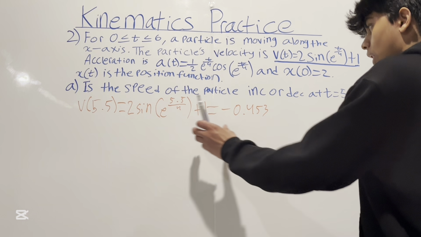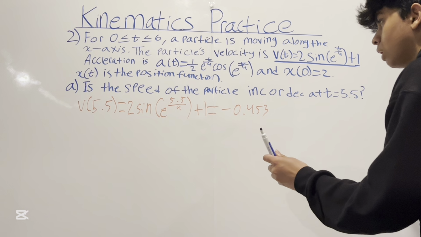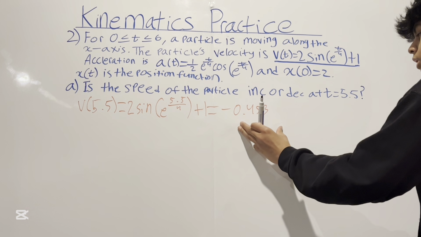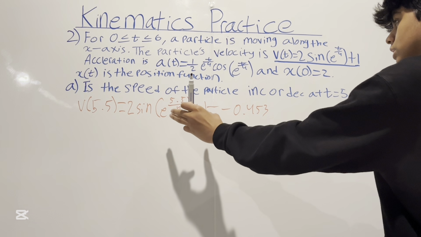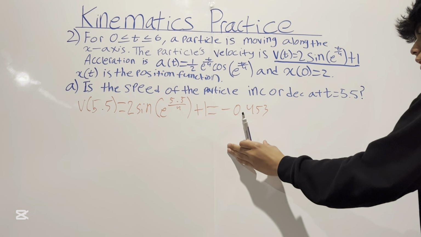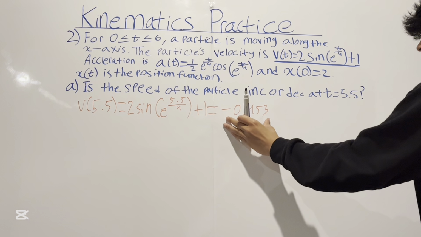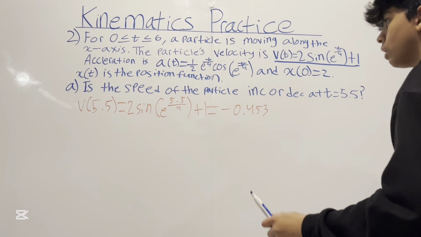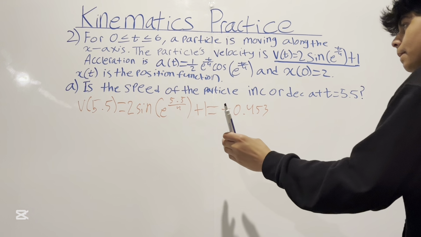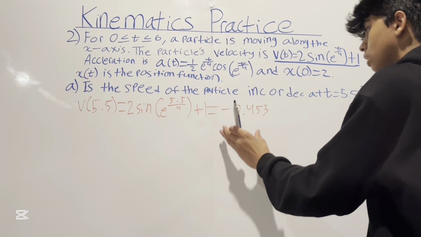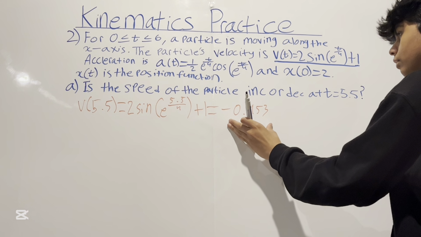If you put it into your calculator, this is what you're going to get. So the velocity is negative, but that's not our answer. The question's asking, is the speed increasing or decreasing, and that's different from the velocity. The velocity here is just decreasing, which means that the values are just going down. But for speed, the velocity and the acceleration should both be negative or both positive.